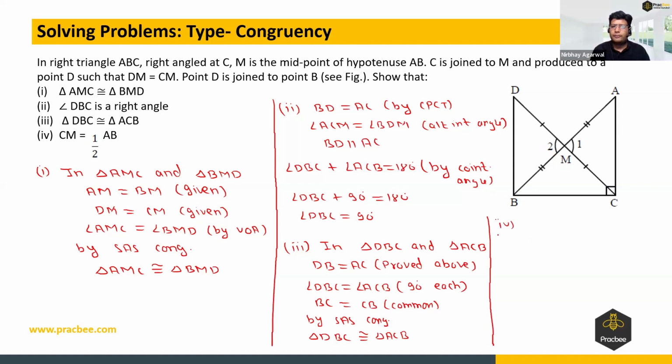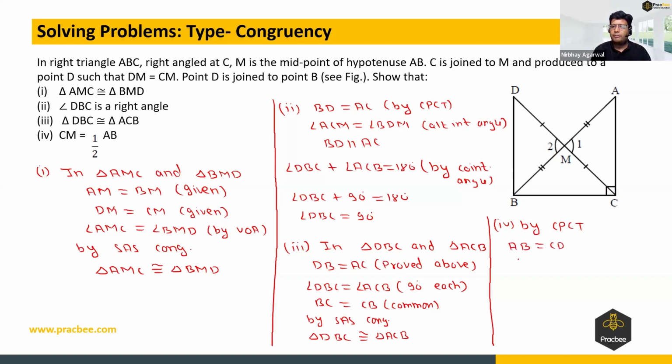Now the fourth one. The fourth part is CM is equal to half of AB. If these two triangles are congruent, in the third part we have shown triangle DBC is congruent to triangle ACB. It means by CPCT I can write AB equal to CD. Am I right?